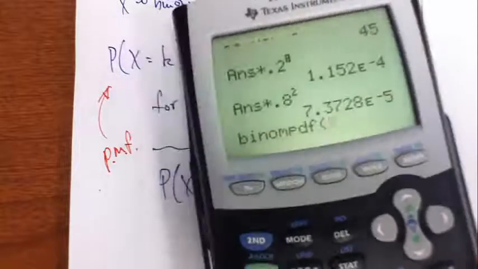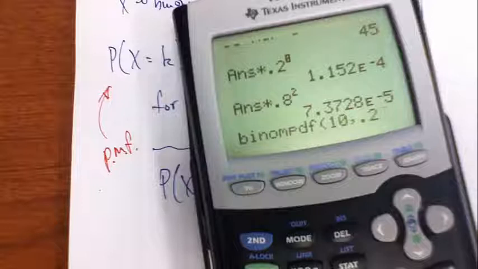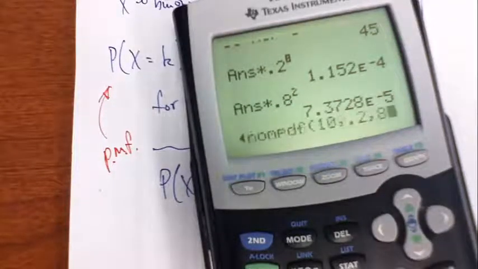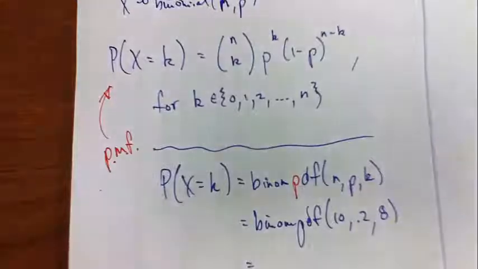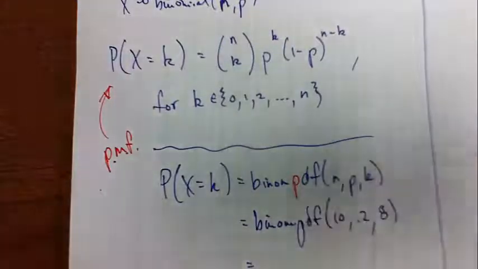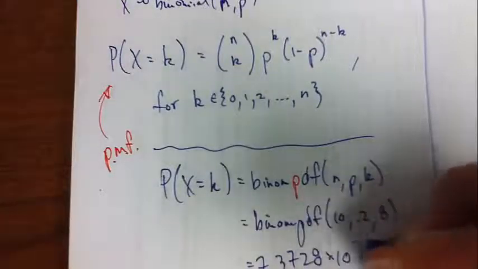Pick that, and I've got 10 trials, my p is 20%, and I want to know the chance I get exactly 8. It's exactly the same: 7.3728 times 10 to the negative fifth.